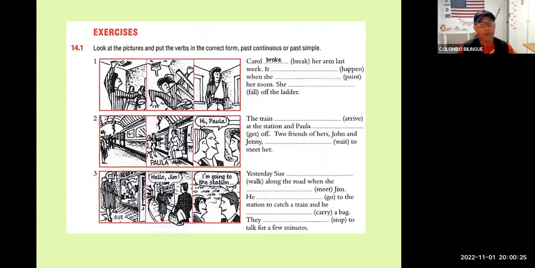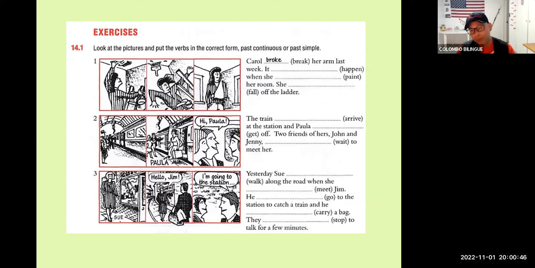I'm going to repeat it. When Paula got off the train, her husband was waiting for her. Okay? So finally, they gathered around with her sister-in-law and they were all together.